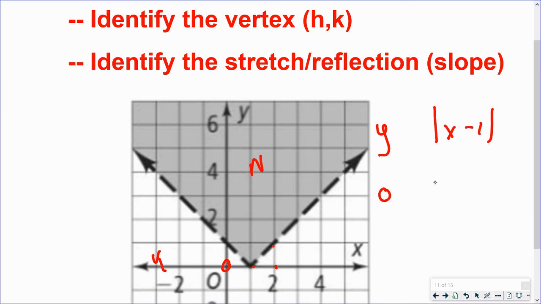So 0, 0 minus 1, absolute value, 1. I want this to be no, this not to be true. So if I put is 0 greater than 1, is that not true? It is not true. 0 is not greater than 1. That's my sign.